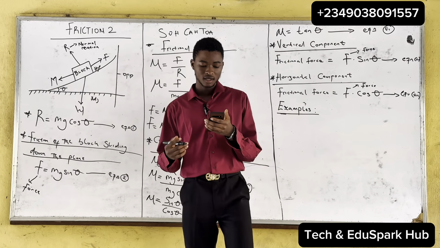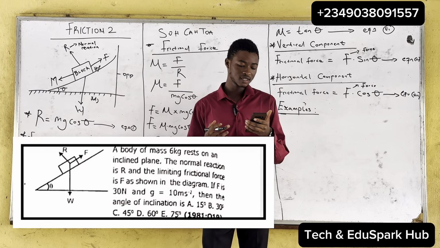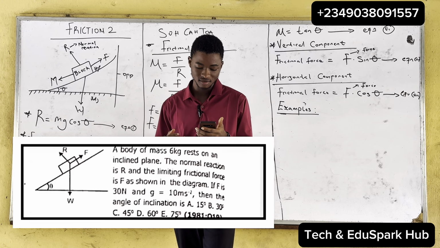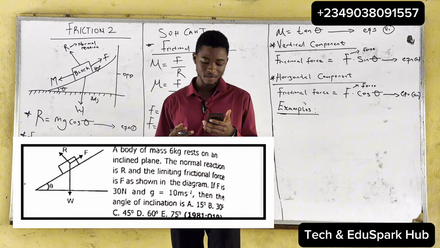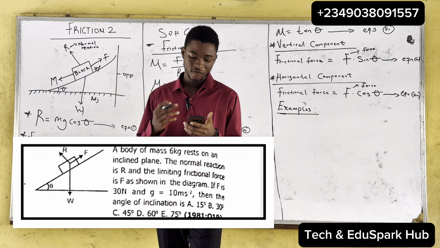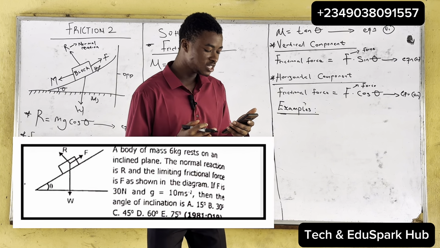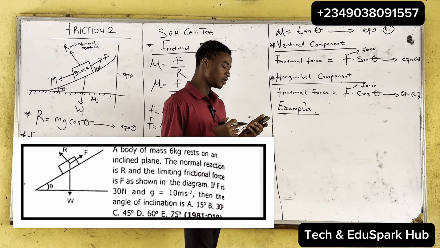Another example we have, as shown on the screen, says that a body of mass 6 kg rests on an inclined plane. The normal reaction is R and the limiting frictional force is F, as shown in the diagram. If the force F is 30 Newton and g is 10 meters per second squared, then the angle of inclination of the plane is.